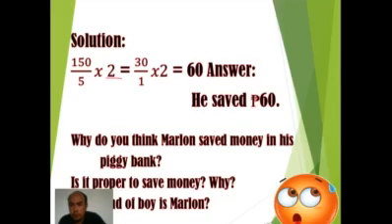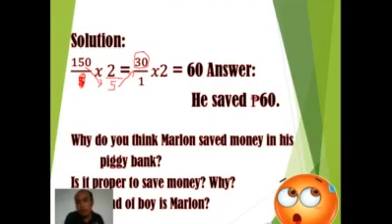When you divide 150 by 5, it will give you 30. Our solution is 150 divided by 5, so the answer we will get is 30.